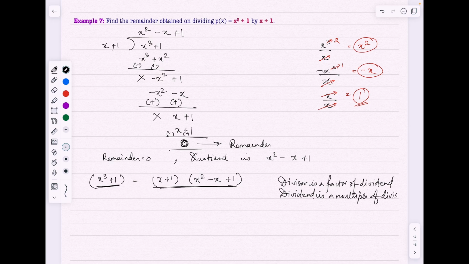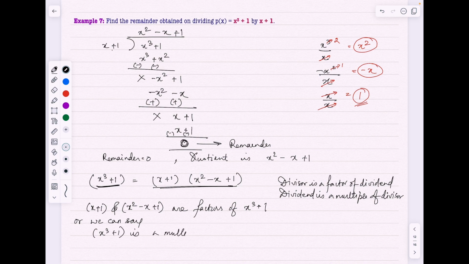You can write, see, since here the remainder is 0, I can write x plus 1 and x square minus x plus 1 are factors of x cube plus 1. Okay. Or we can say x cube plus 1 is a multiple of x plus 1, or.